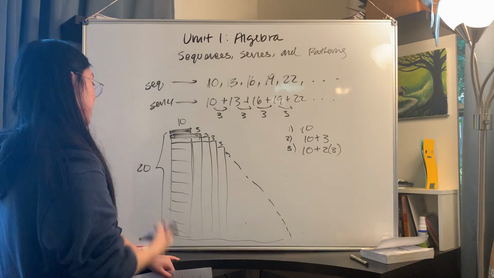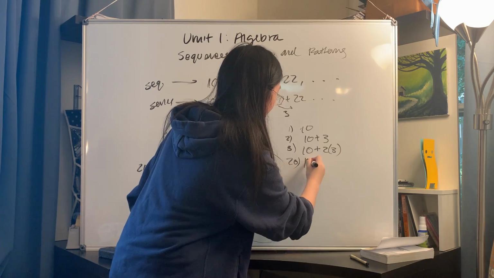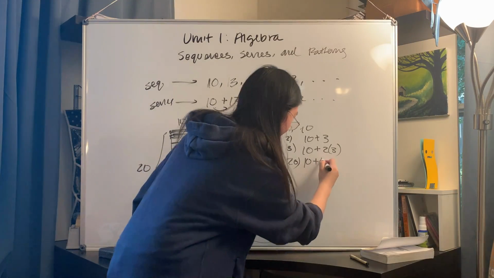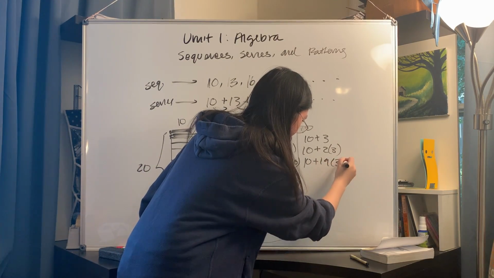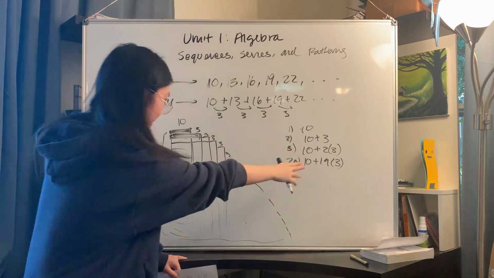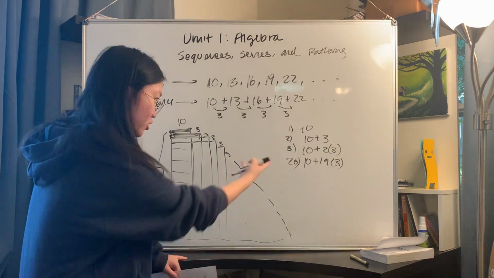So we can extrapolate this all the way to the 20th day. In the 20th day, she receives 10 cents plus 19 times 3. Because there are 19 jumps of 3 to get from 10 to however many cents she's receiving on the 20th day.